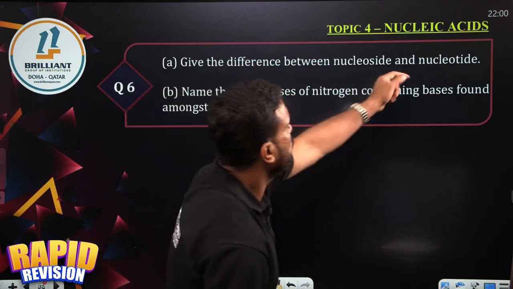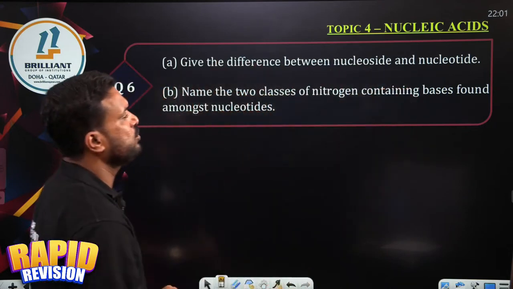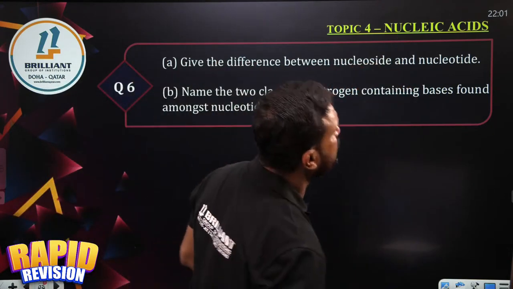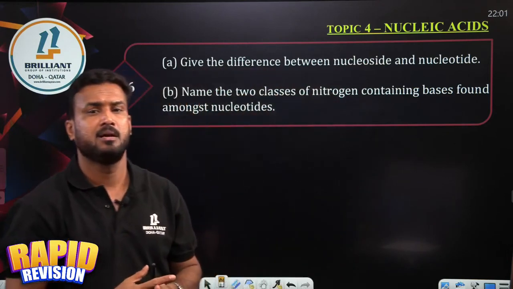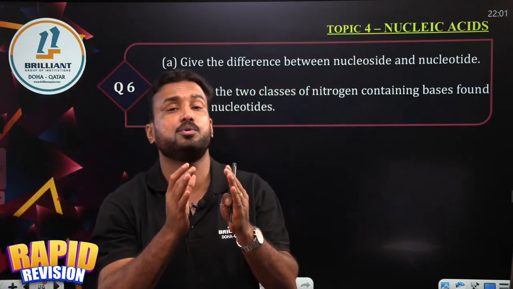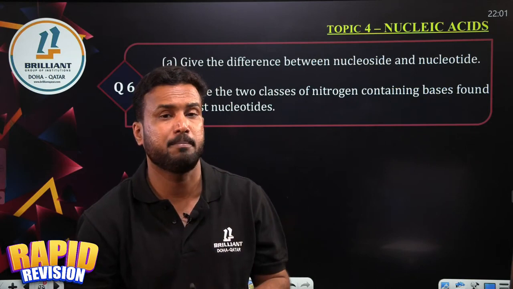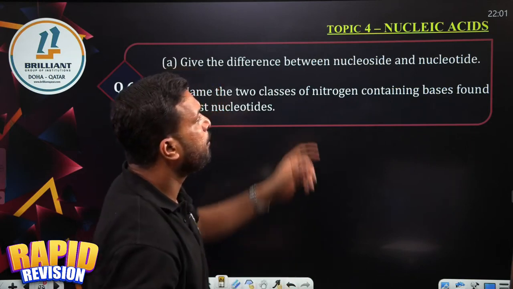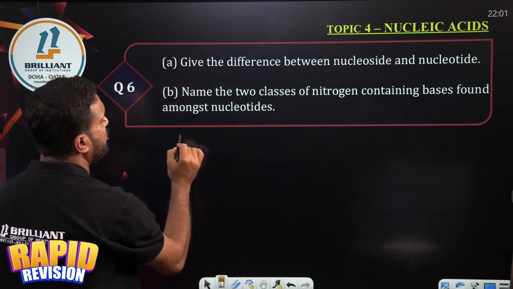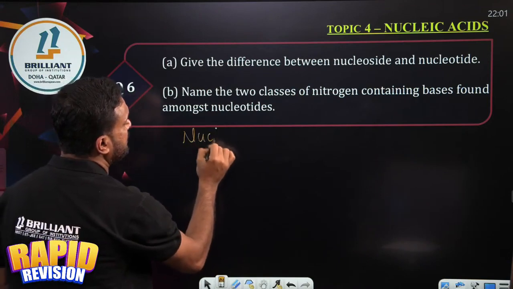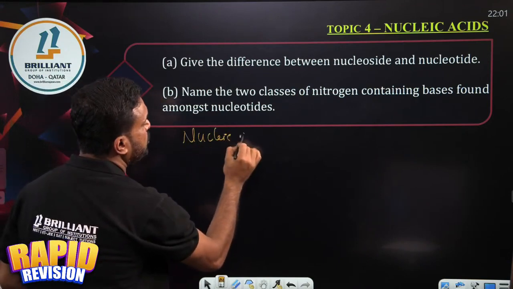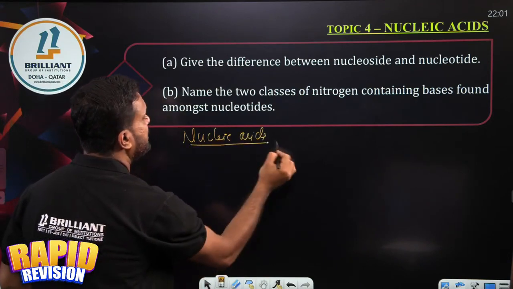Give the difference between nucleoside and nucleotides. Now we have the topic nucleic acid. What are nucleic acids? Nucleic acids are polynucleotides. Nucleic acids consist of three different units.